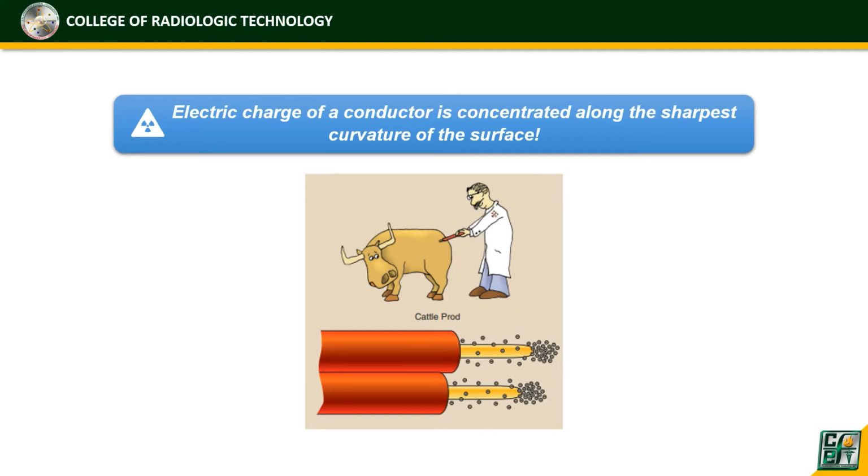As you can see sa ating example, sa cattle prod, the concentration of the negative electric charge ay nasa dulo kasi nandun yung curve. The curve can be seen at the end of the cattle rod. Kaya nagko-concentrate dito ang electric charges. Cattle prods are used to electrify cattle in order for the cattle to move.